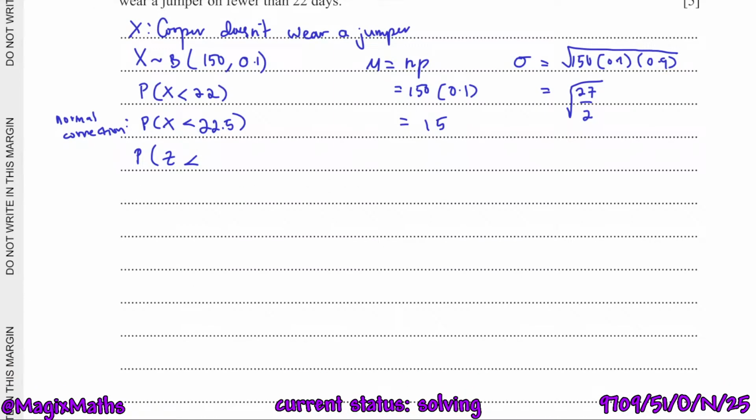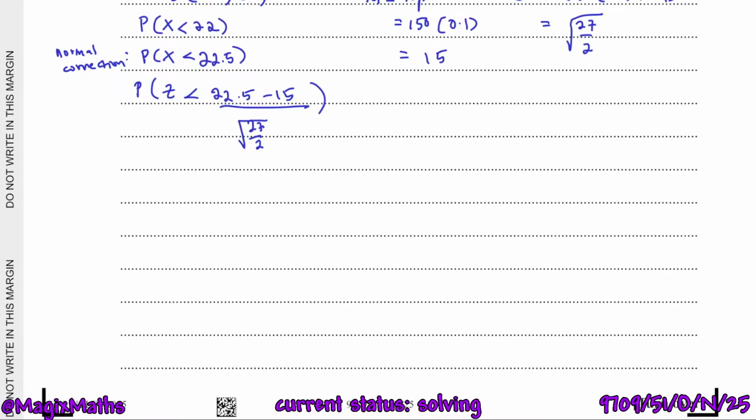So z-score is (22.5 minus 15) divided by the square root of 27/2. It should look something like this, but you should make it a little bit cleaner. But let's just get on with it.